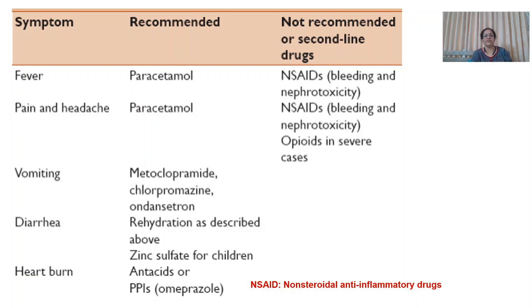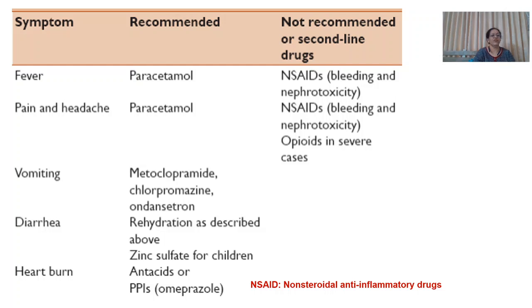But if severity increases and paracetamol is unable to work, at that time they are also considered as a second line drug. In the second part, if the symptom is pain, stomach pain, as well as muscular pain, myalgia and headache, again paracetamol is recommended, and as a second line drug NSAIDs as well as opioids. This is mainly in severe cases.